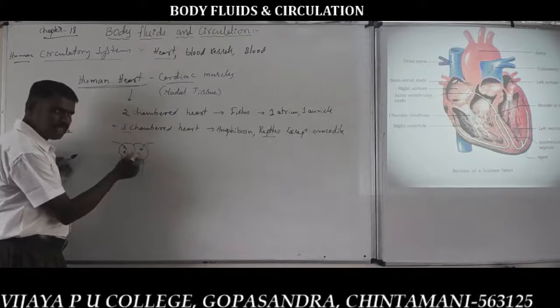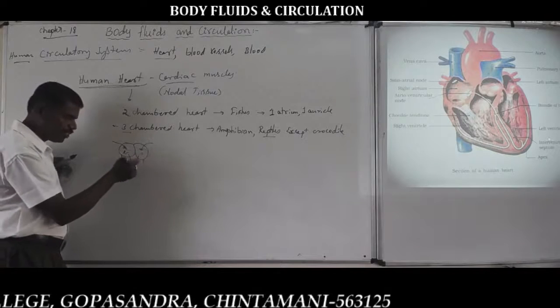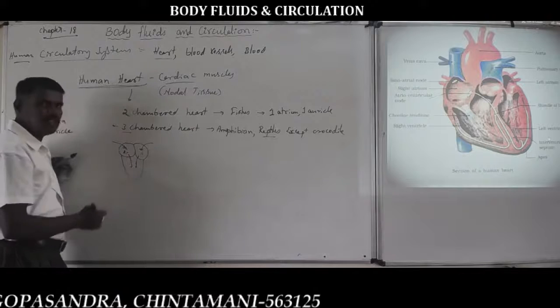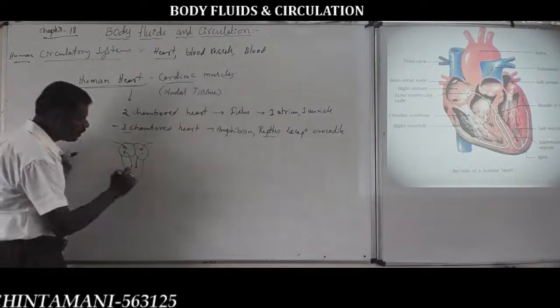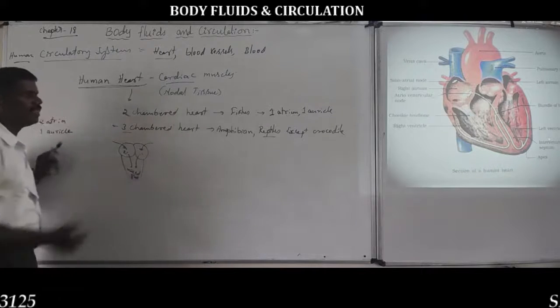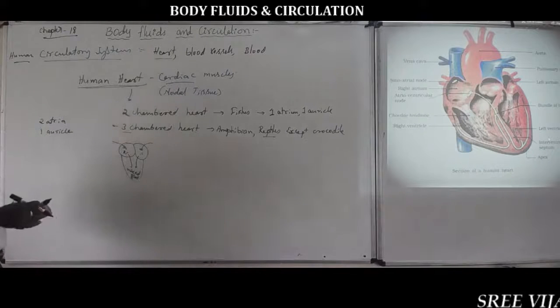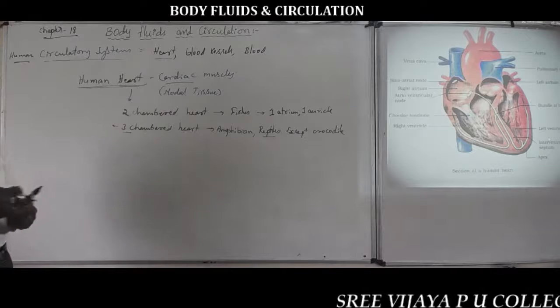At the time of contraction of these atria, both send the oxygenated and deoxygenated blood into the auricle. The auricle supplies mixed blood to the body. Mixed blood is supplied in the three-chambered heart, which is found in amphibians and reptiles.